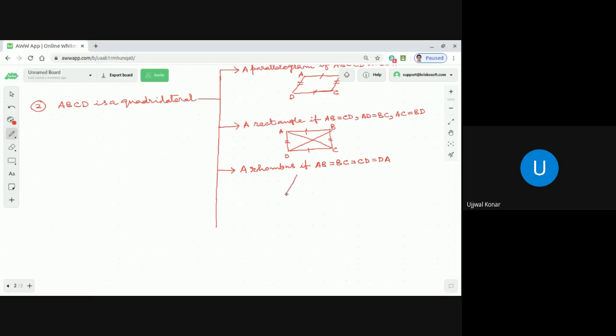So that means it looks something like this.